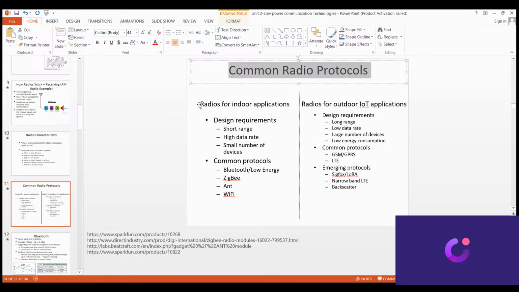Radios for indoor applications, their design requirements include the following.